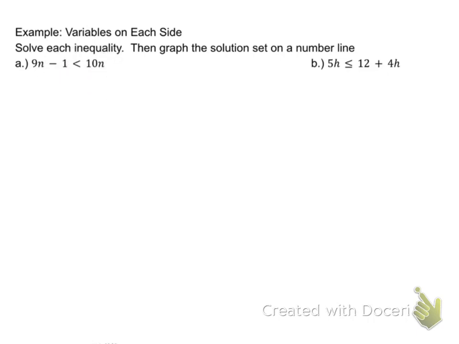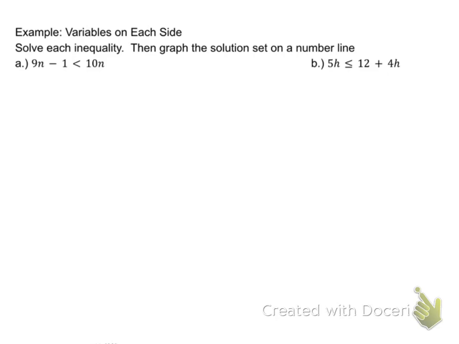And if I go over here, I know I can move 4h, or 5h. It does not matter. So you can move any one of those variables that you would like to move at any time. Just what you do to one side, you have to do to the other.